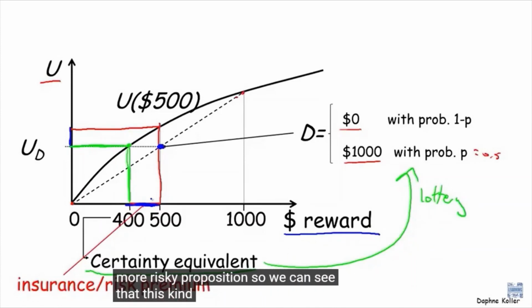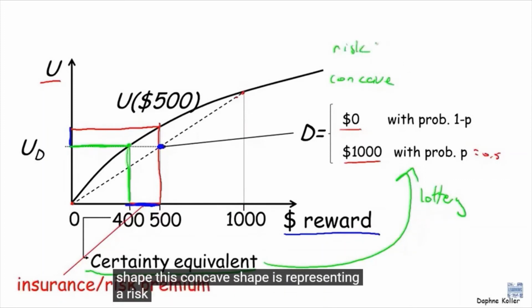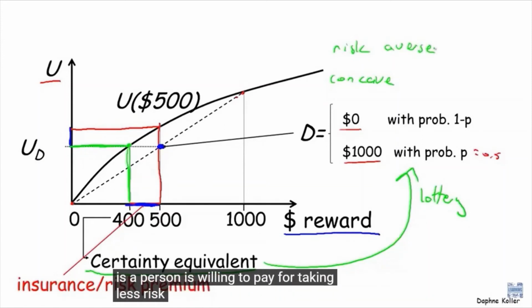So we can see that this kind of a curve that has this concave shape is representing a risk profile which is risk averse. That is, a person is willing to pay for taking less risk.